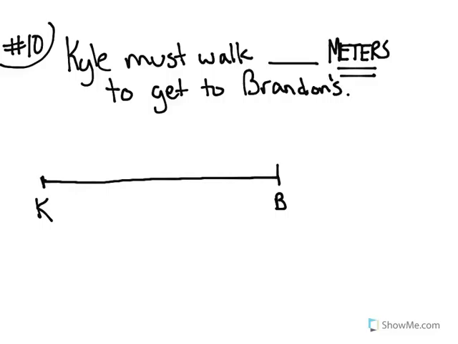I can go back, reread the problem, close read, and find the numbers. I can find that between Kyle and Brandon's house, it is 6 2/2 kilometers. So I labeled the whole distance between the two boys' houses.